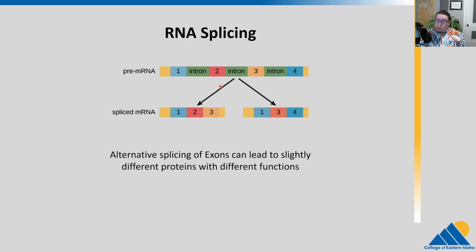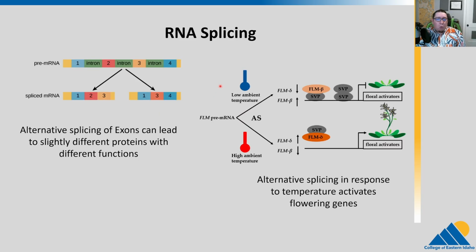Okay, why is that interesting? Well, here's an example. We have a gene that is involved in flowering in plants here. It's called FLM. The cool thing about FLM is that it's actually temperature regulated. Now, let me walk you through the diagram here, and then we'll talk about the specifics. So anytime you see an arrow in a genetic diagram, that means something's being pushed forward.